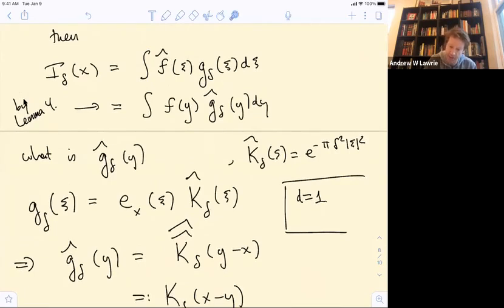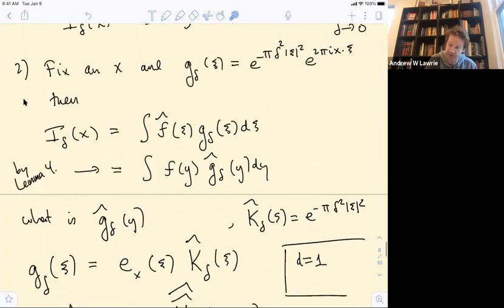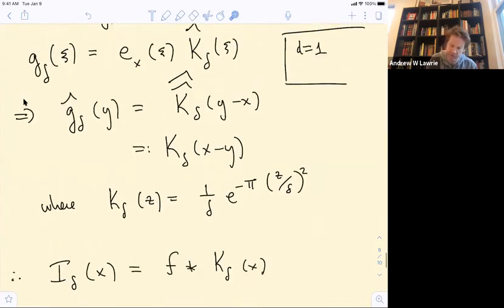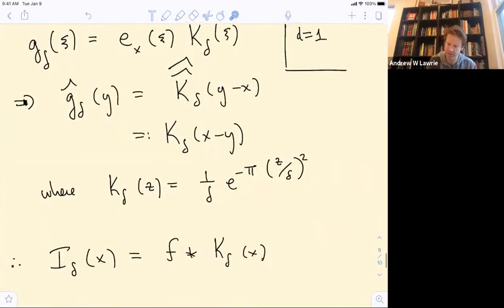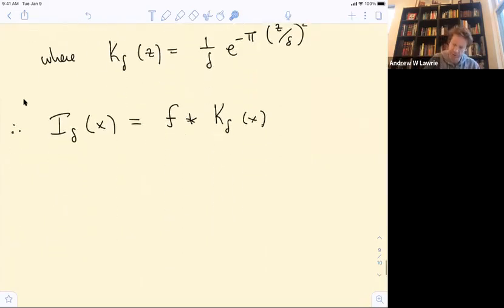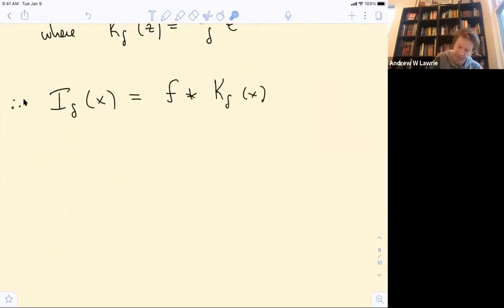One, I move the hats over, and then I note that if I take the Fourier transform of a function like this, multiplication by phase on one side turns into translation in space on the other side. Forgive me here, this is just some notational ugliness. Maybe I should have been a little more careful about how to define things.